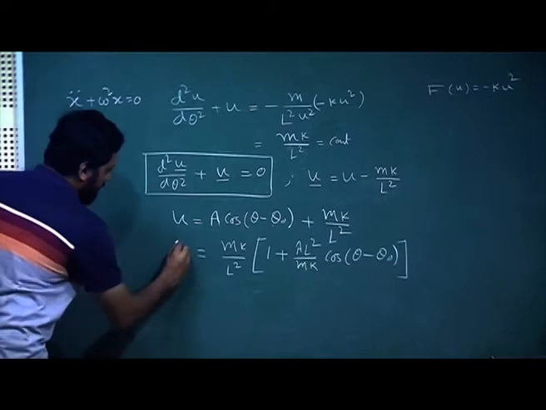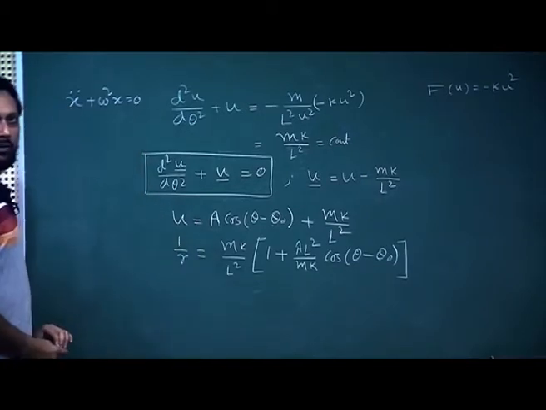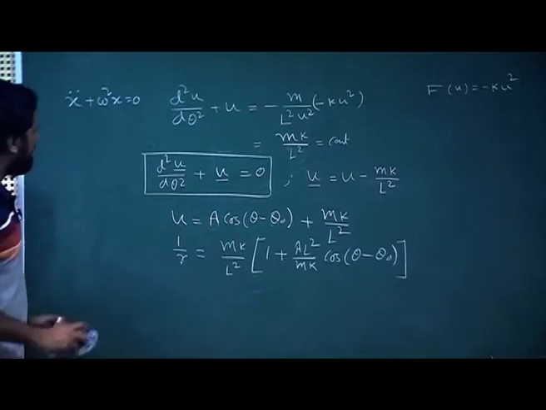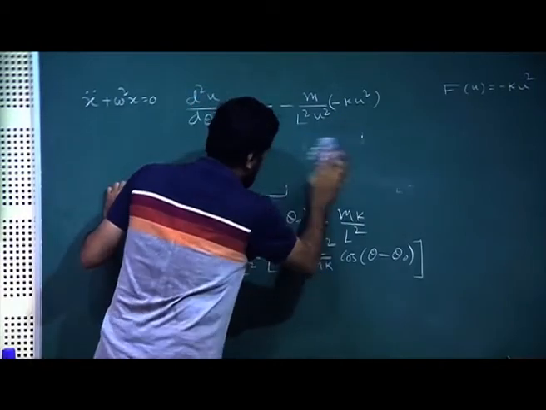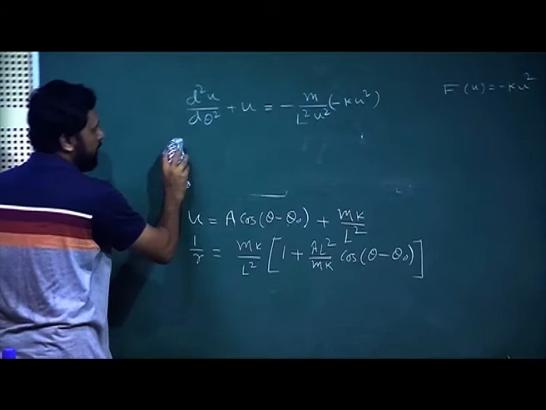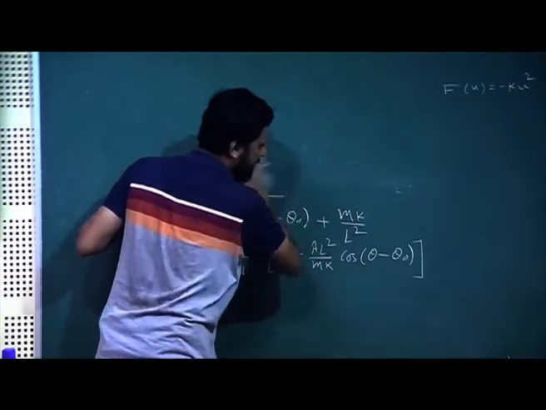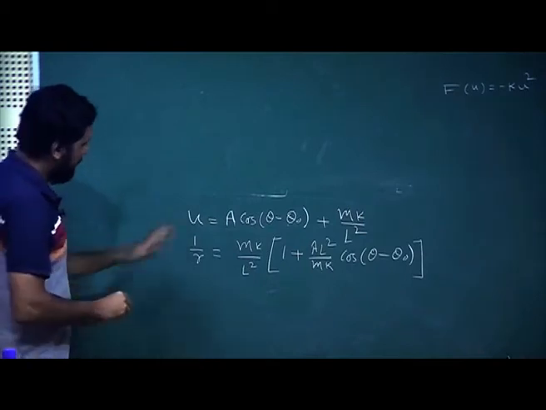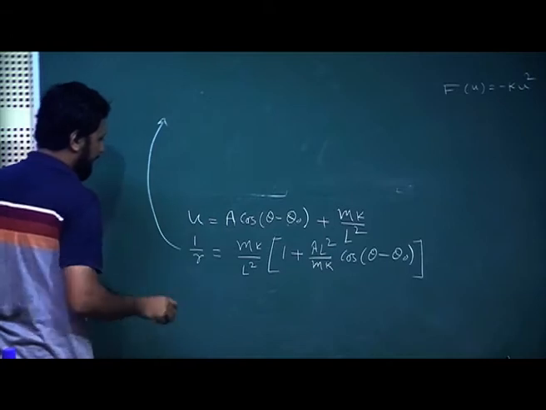Now, what we can do is write 1/r for u. So, this equation as we see again can be slightly rearranged. I hope you all understand this equation, you all remember it by heart by now. So, let us take it up here once again.